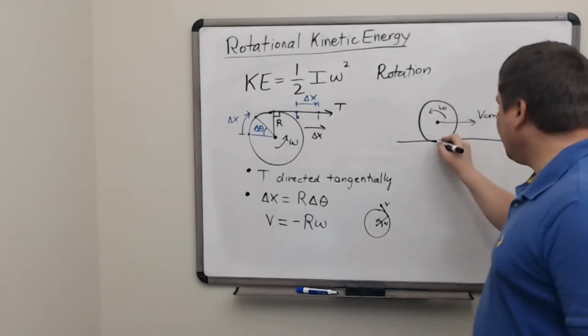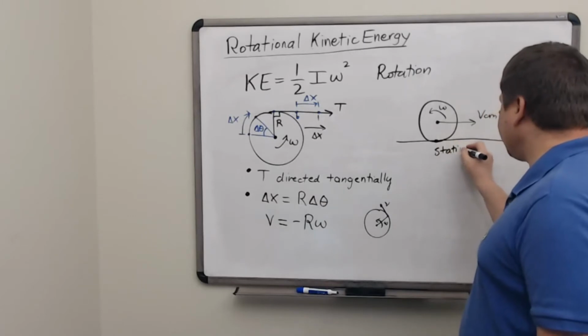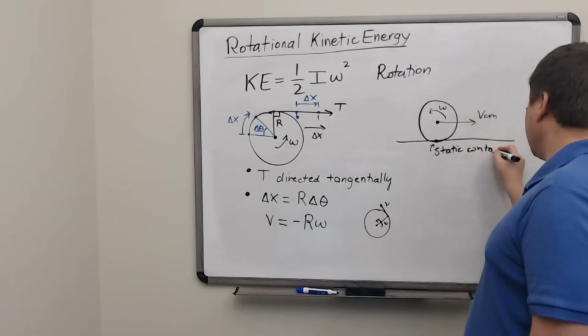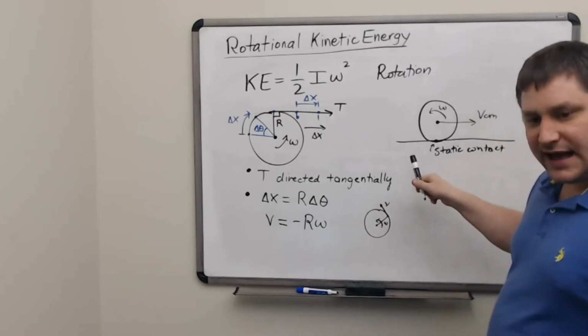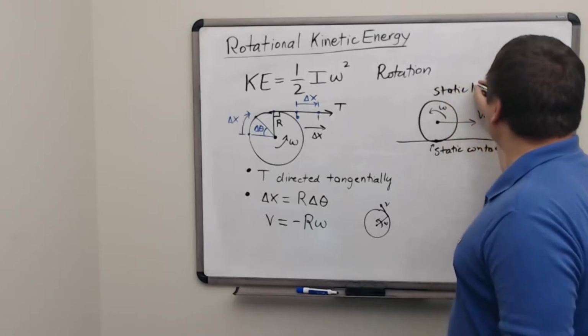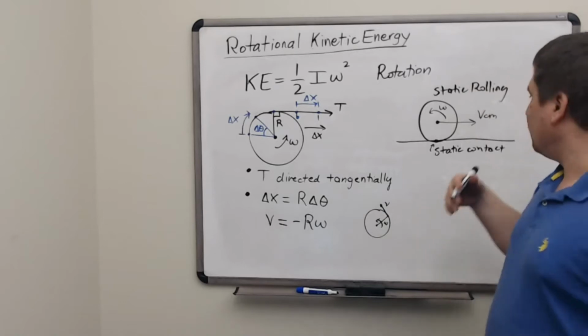It has to do both of these motions in order for the point of contact to not slip. If the point of contact is not slipping, then we call this a static rolling situation, or rolling without slipping.